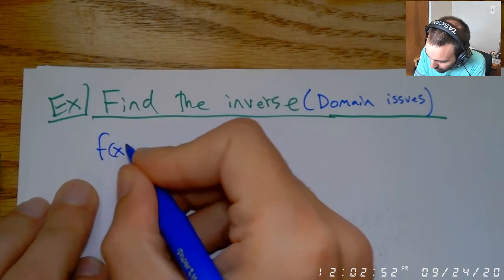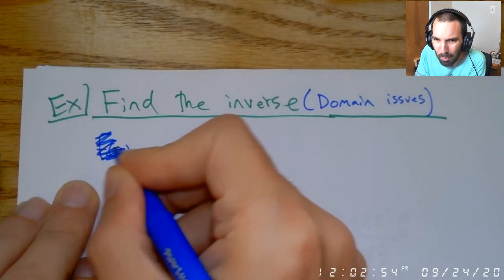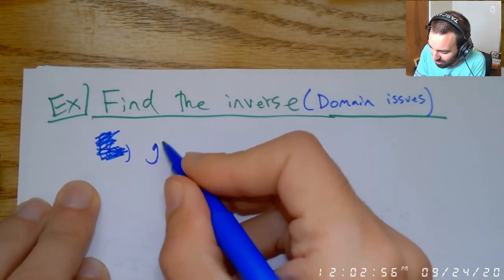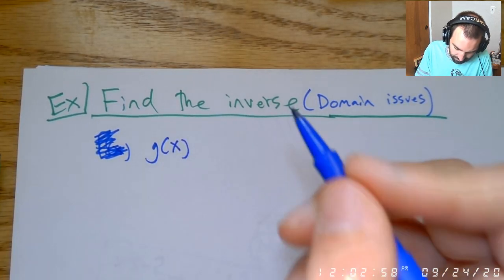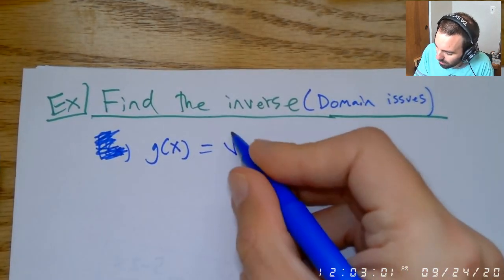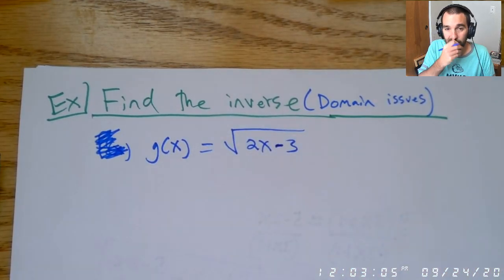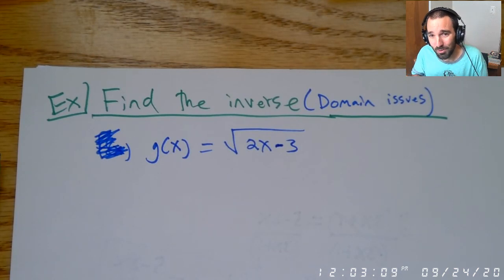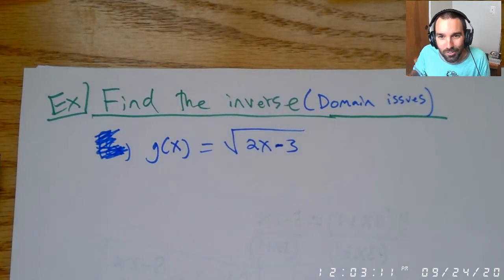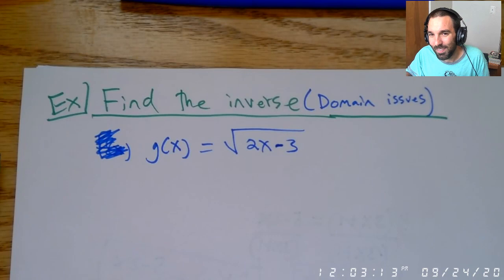f of x, we're so boring. g of x equals the square root of 2x minus 3. So we're going to find the inverse of this. And we already talked about square roots and squares, right? So it's going to be interesting, isn't it? It's not that hard, guys.